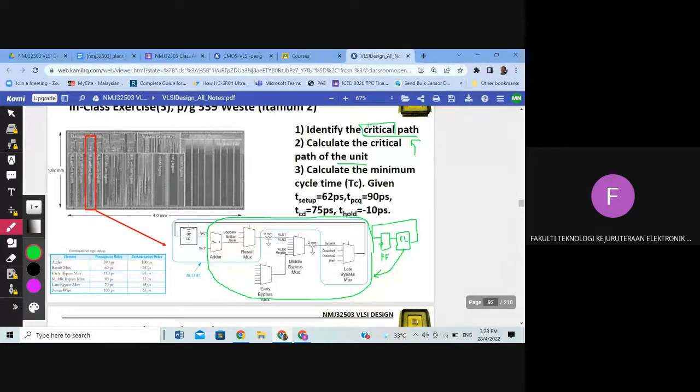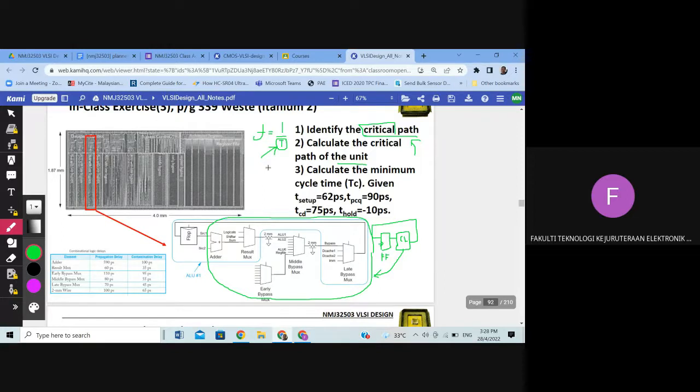Because the longest path determines the clock frequency, because of the equation f = 1/T. So for T we need to consider the longest path. If we consider the shortest path, our system might not produce the correct result because we clock at a higher speed, beyond the capability of our system.